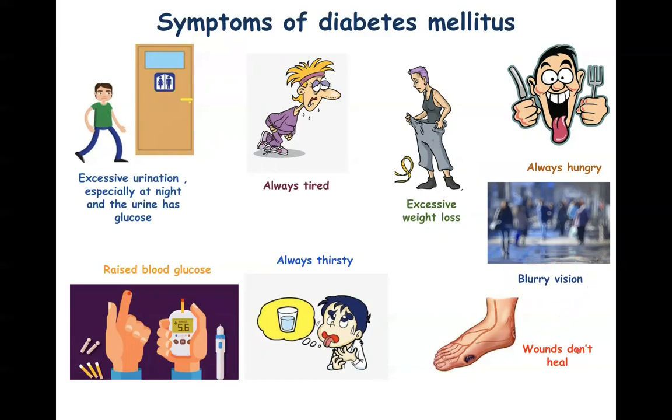Then wounds don't heal properly and wounds don't heal fast. If you have any injury in the body, then that injury may become inflamed. It can even lead to gangrene. The entire organ may have to be removed. The entire foot may have to be amputated if the symptoms persist. So diabetes is one deadly disease. It's the number one killer in most of the developed nations.